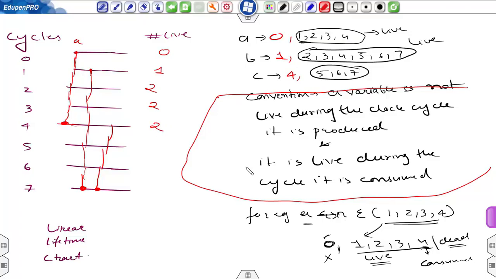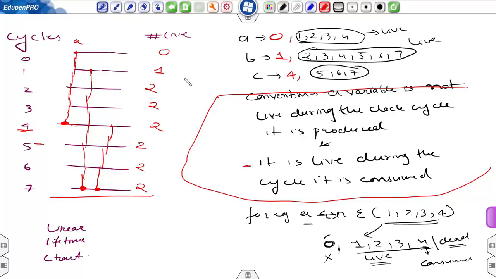So we will consider A as live at this instance, and at this point C was produced. So we have not considered C at this instant. At fifth cycle, now C will be considered as live and B is also live, so two variables. And at sixth cycle, two variables. At seventh cycle, two variables.